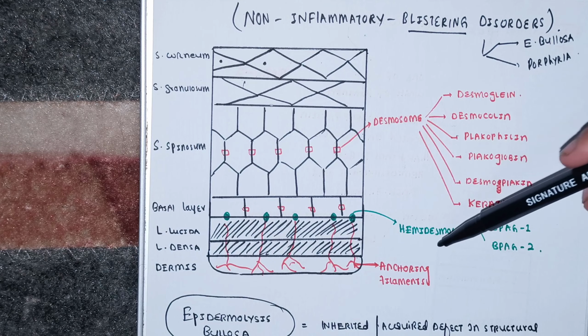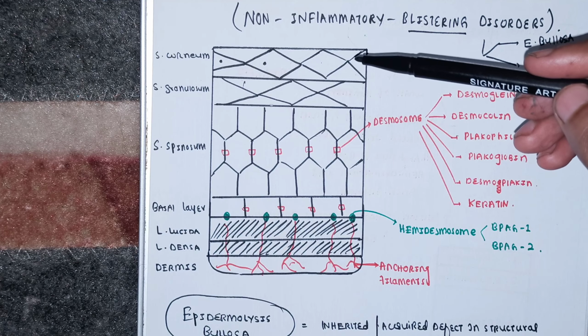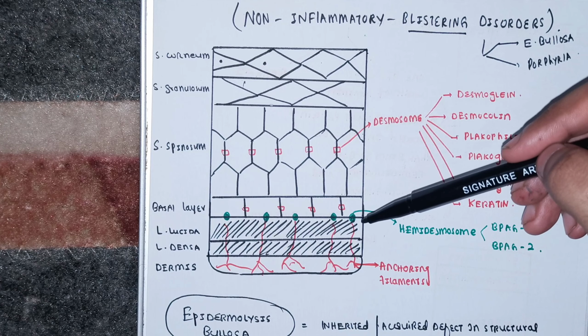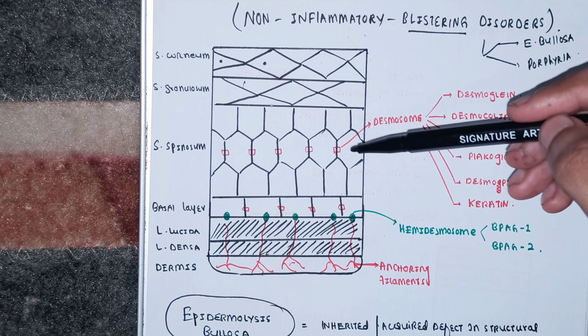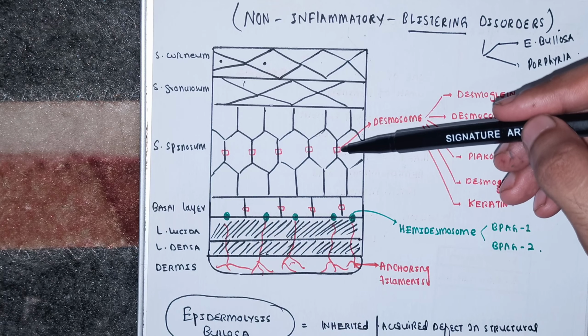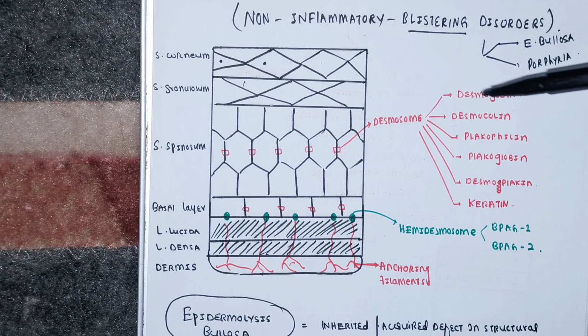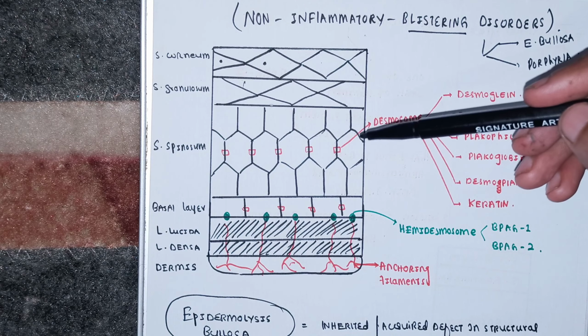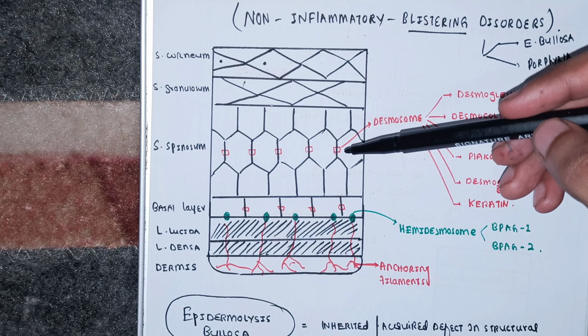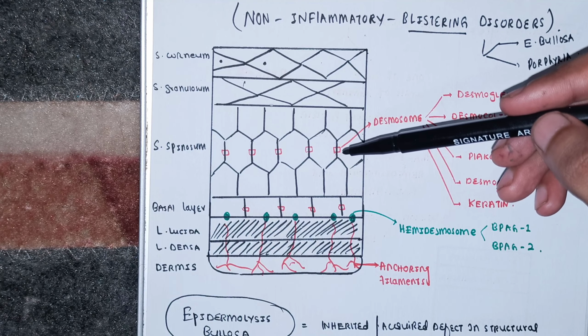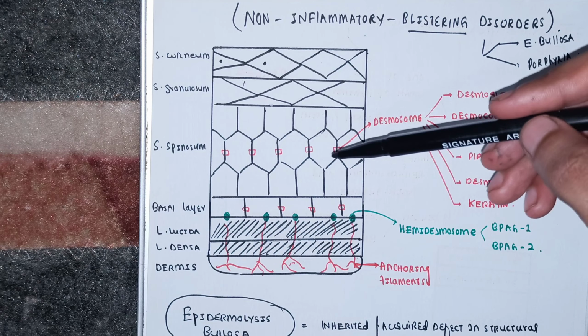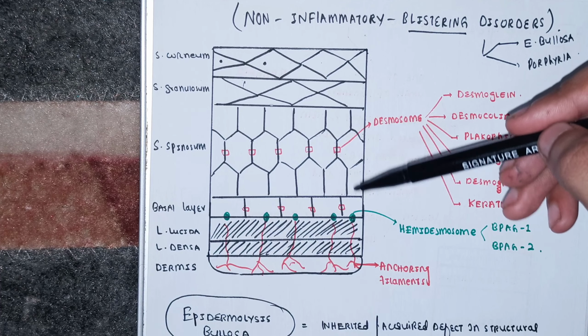Throughout the epidermis, whatever the layer, two cells are held together by intercellular junctional complexes called desmosomes. What are desmosomes? These are intercellular junctional molecules which hold two cells together in all the layers of the epidermis.